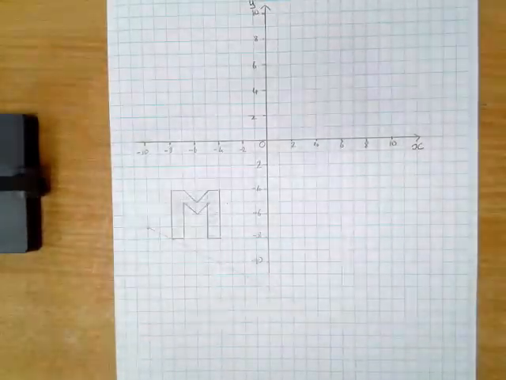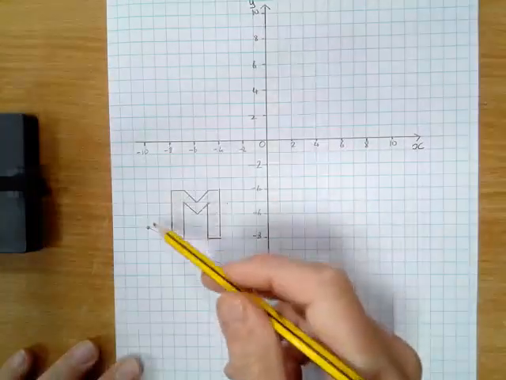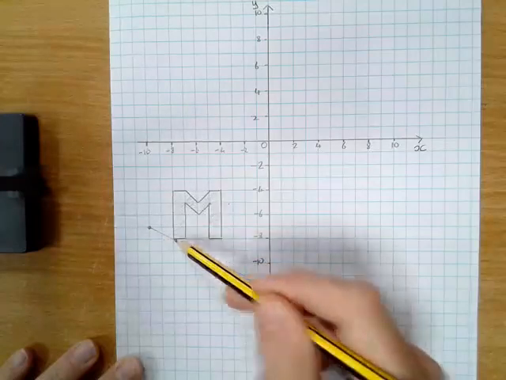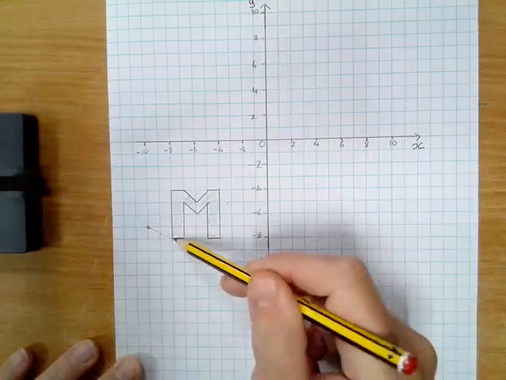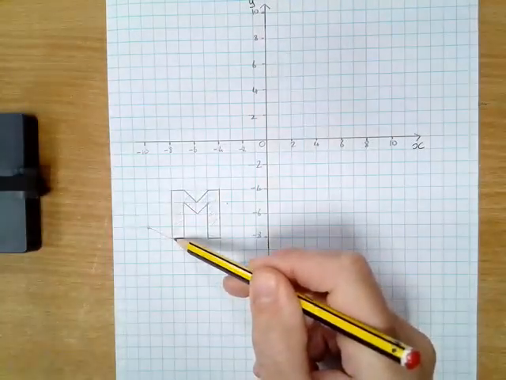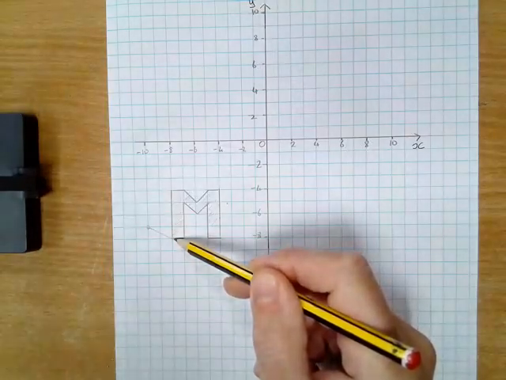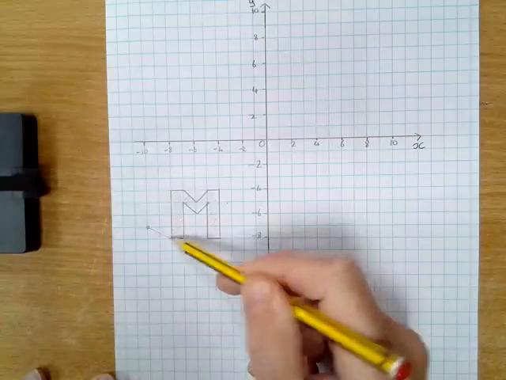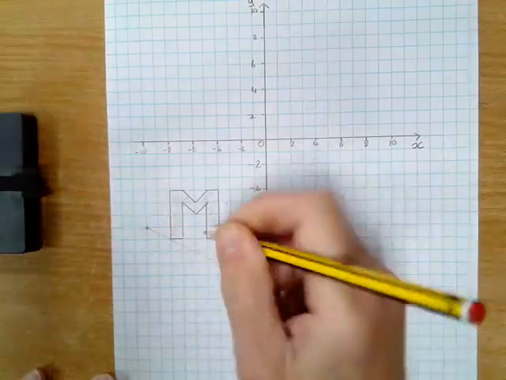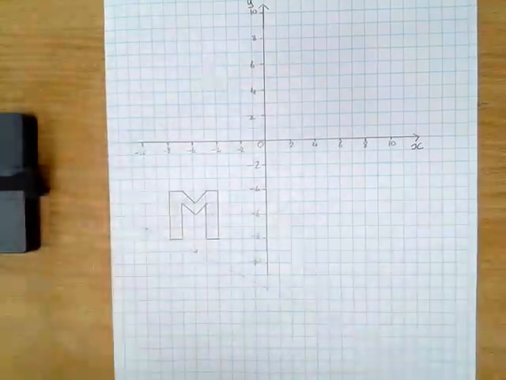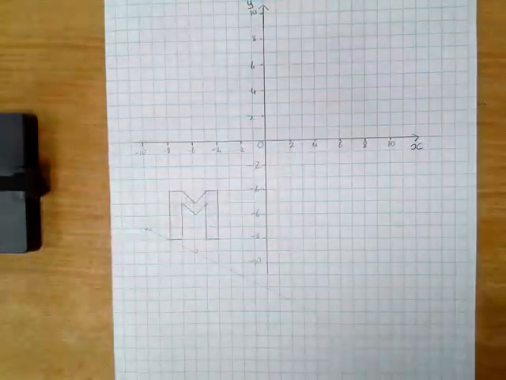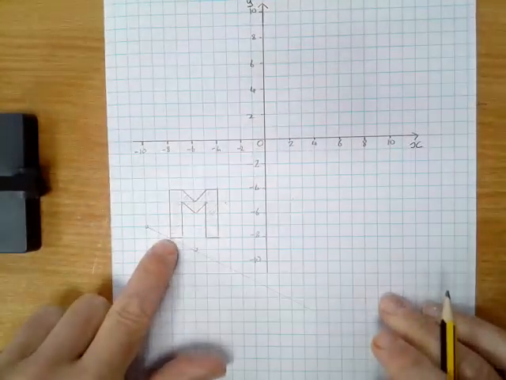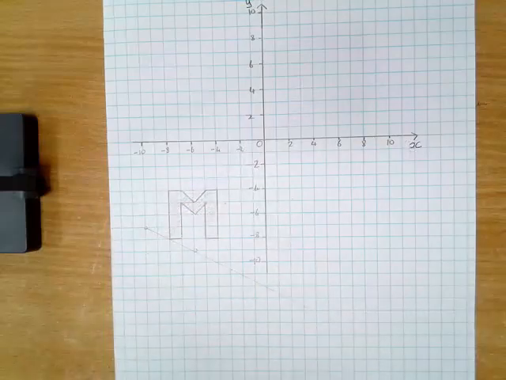Then, what I do is I count down and across. So 1 down and 2 across. And I've gone to scale factor 2, so I need to double those values. So instead of being 1 down and 2 across, I'm going to go 2 down and 4 across. And that is going to be the new place for that point there on my M.